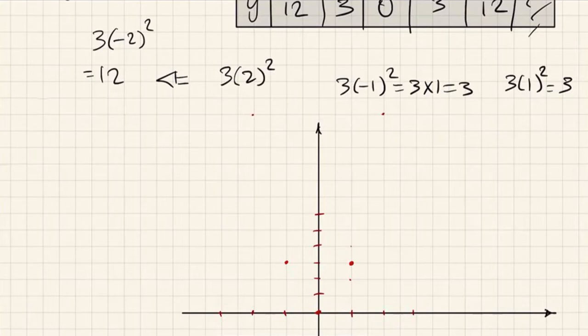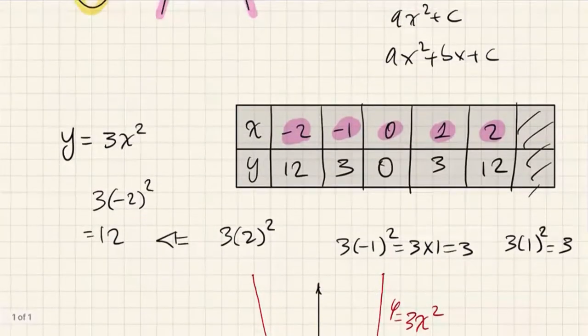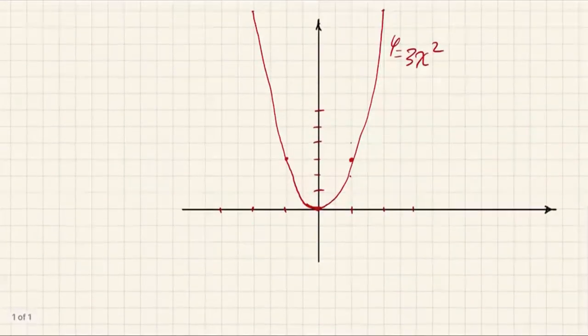So if I want to draw it now, I'll draw like this. So this is the graph for y equals 3x squared. It has to be like this. 3 is positive, so the graph opens this way.